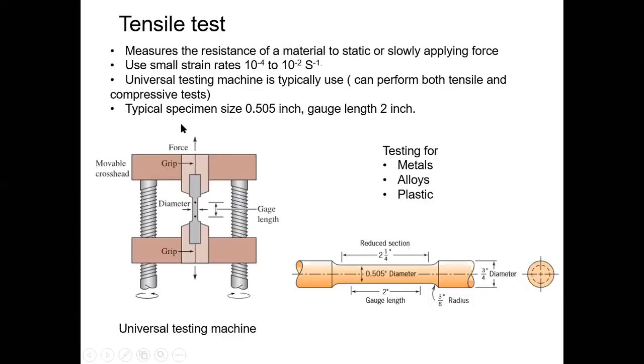One, we can measure the applied force; the machine provides the facility to measure the applied force. Then by measuring this length for each load increment, you can get the change in length. Those two pieces of information you can get, and we'll see how you convert them to plot the stress strain curve.